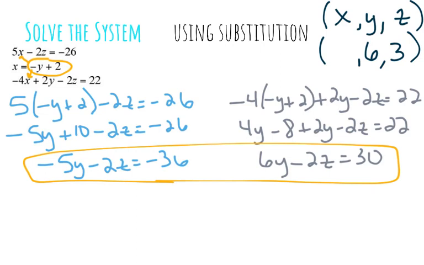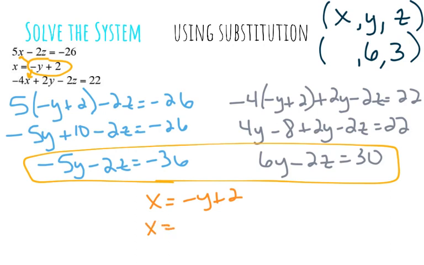I can actually just stay right on this page, and I can look at those original 3 equations that they gave us, and I can pick whichever one I want to put it into, because all I need to do is find out what x is. So I'm going to look at that second equation because it's x equals. So I think that's going to be my quickest and easiest bet. So we had x equals negative y plus 2.